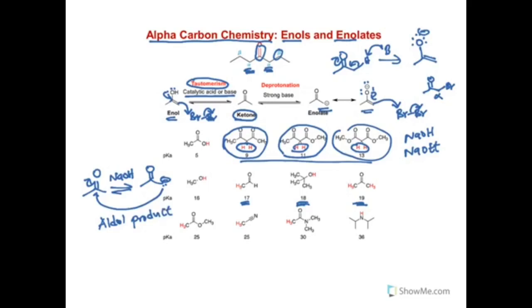If we want to fully deprotonate a ketone, we must use a base whose conjugate acid has a higher pKa than the ketone. So something like LDA or sodium hydride. LDA is formed from diisopropylamine.